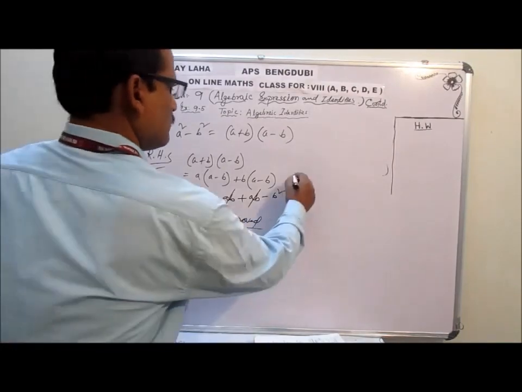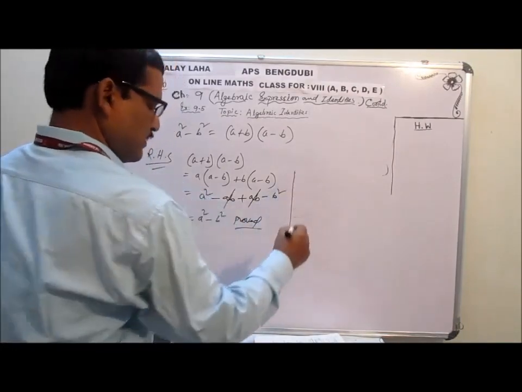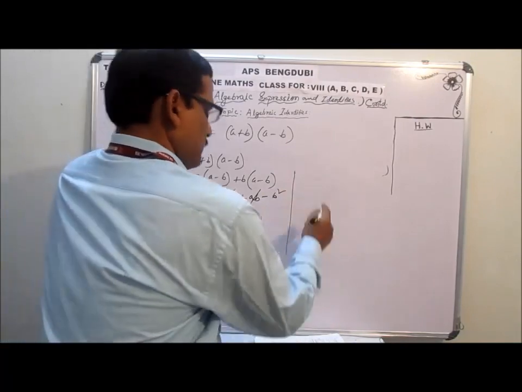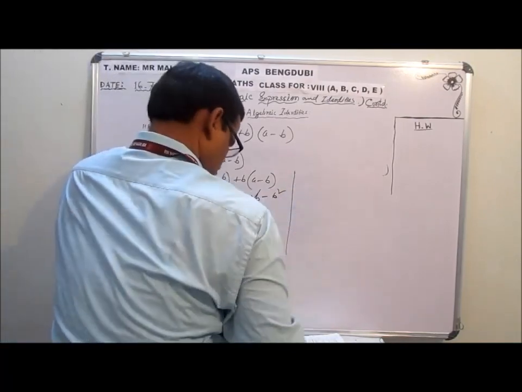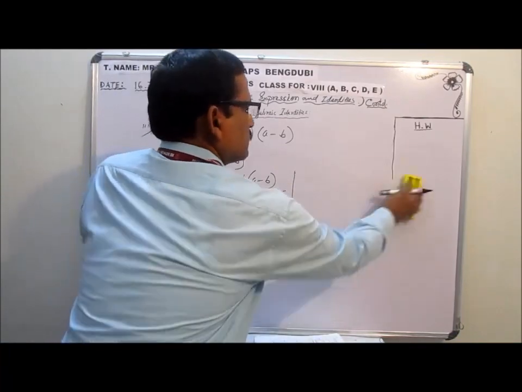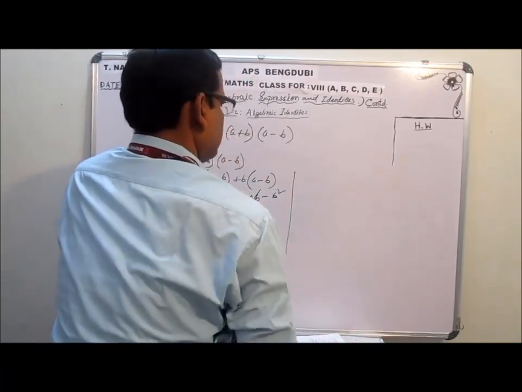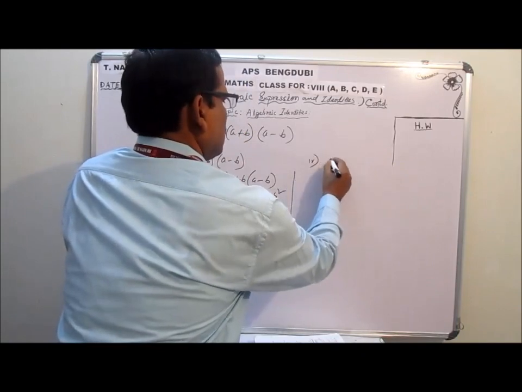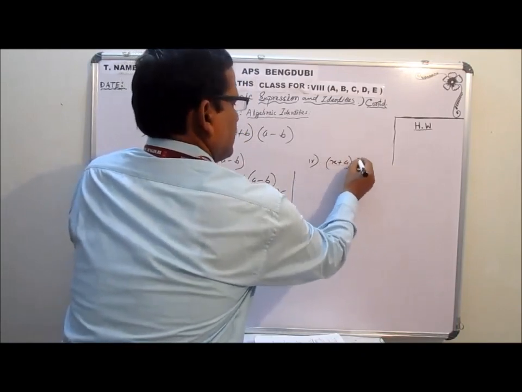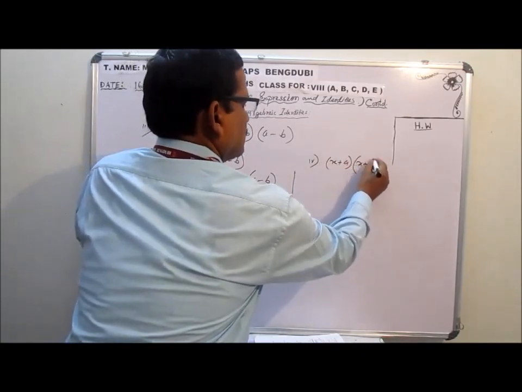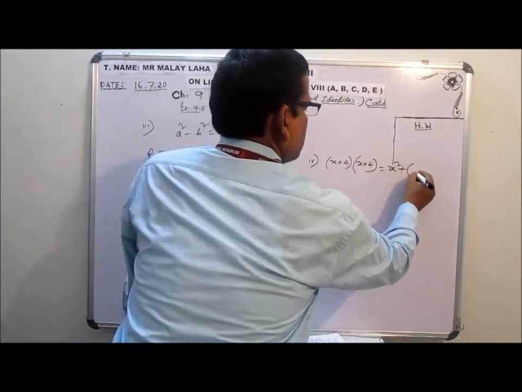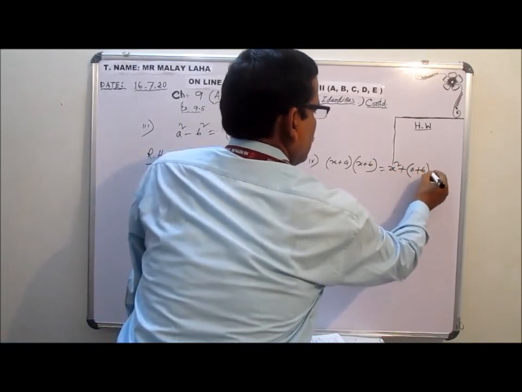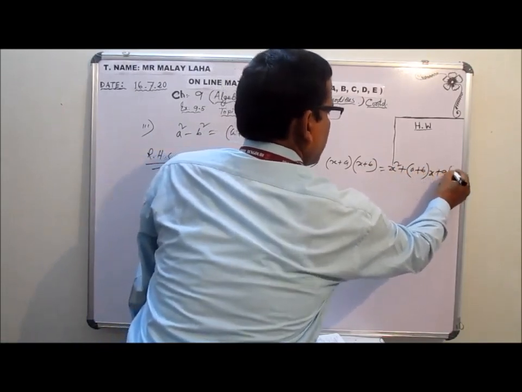Clear? Now the fourth one, already you have proved it, or I have calculated it. So it is (x plus a) into (x plus b) equals x square plus (a plus b) into x plus ab.